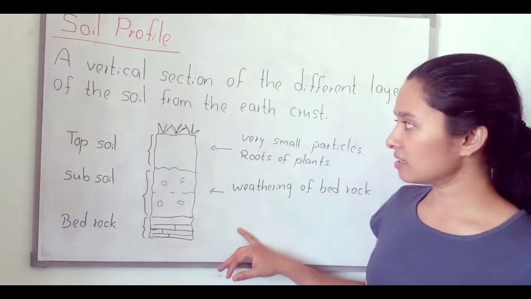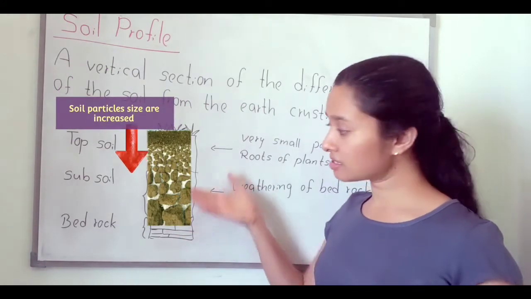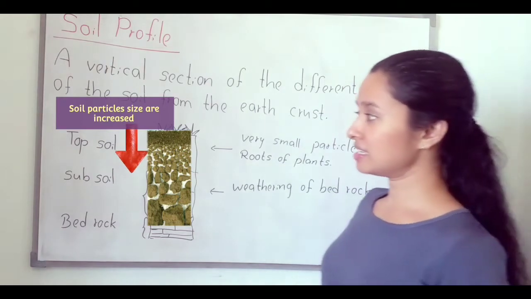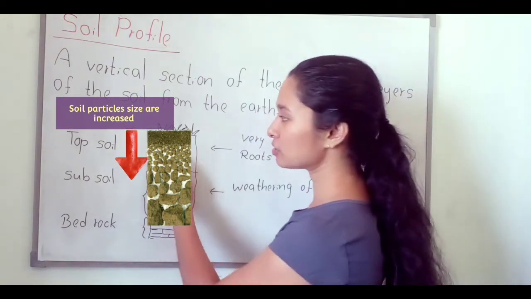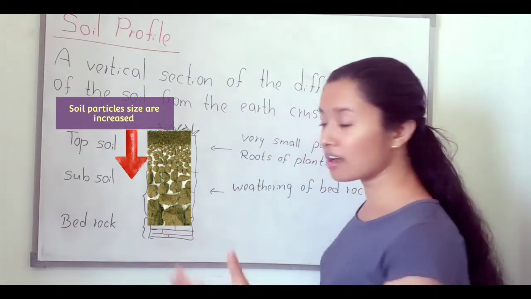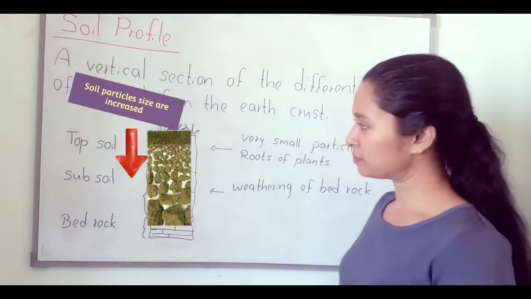Here from top to bottom the size of the particles increases. That means we can see tiny particles in the topsoil, in the uppermost layer, and we can see large particles, large stones, in the bedrock.